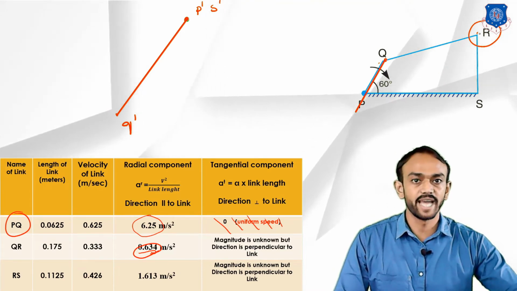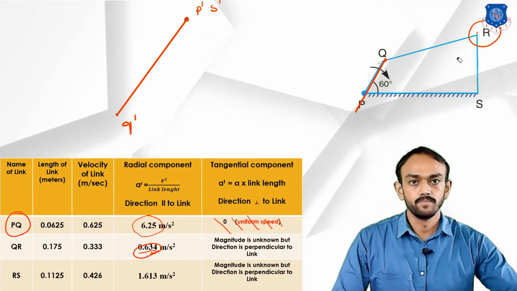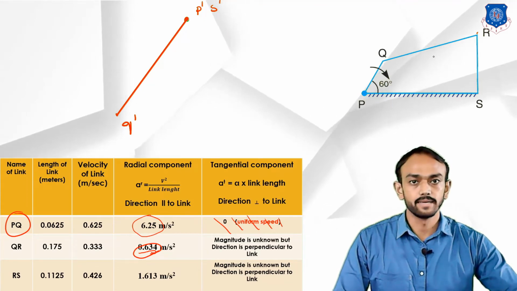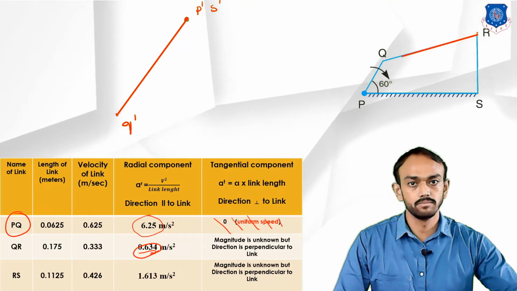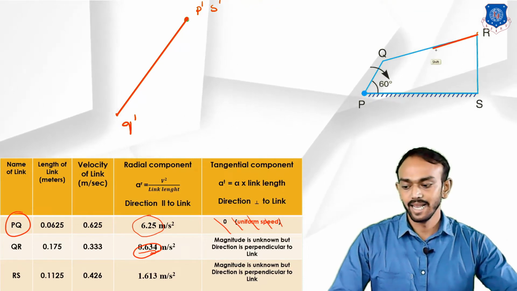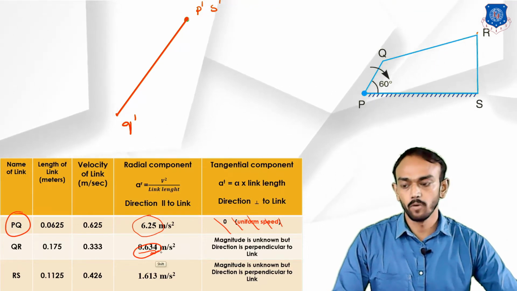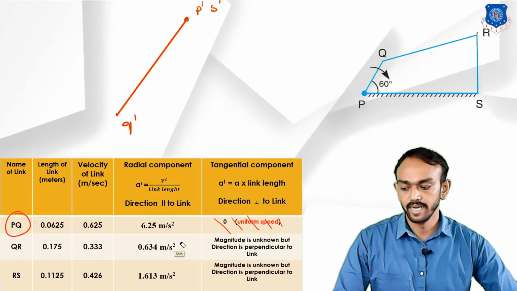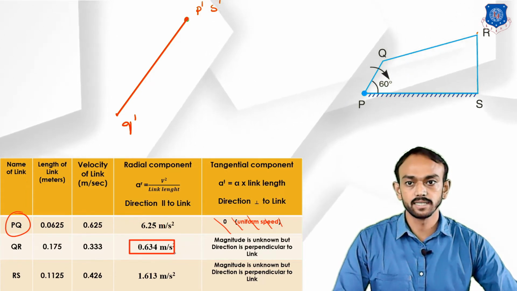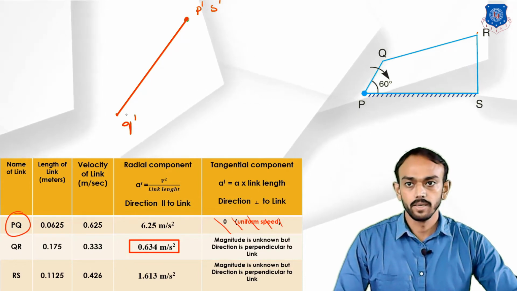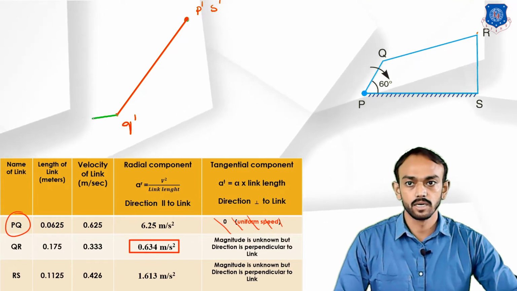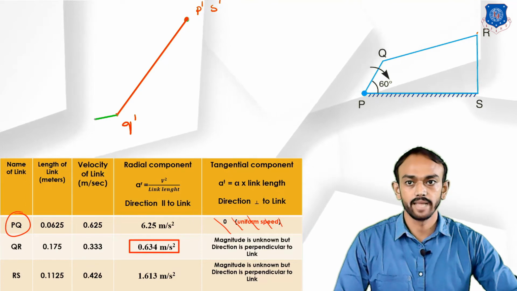As you know, the direction will be parallel to the link, so it will be in this direction. But this length totally depends upon the radial component, which is 0.634, so it will be very small, like here you can see this is the radial component.